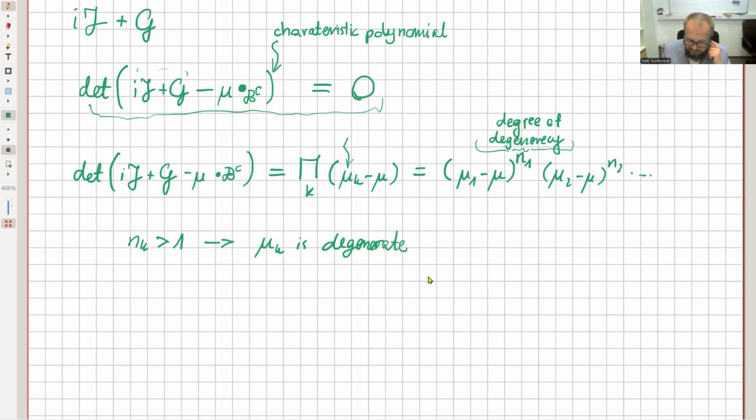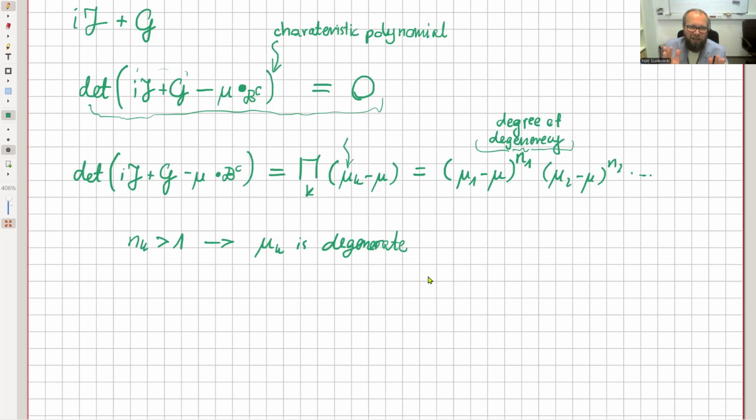In the case of Hermitian matrices or symmetric matrices in general, or normal matrices in general, the number of independent eigenvectors always has to match the degree of degeneracy. So there is never a question of a mismatch there.